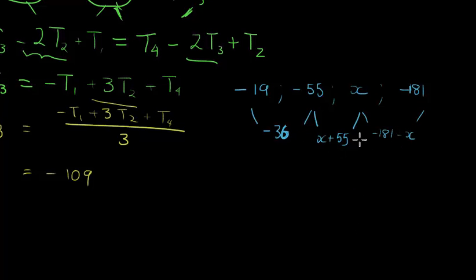Are these equal? No, I must go down one more. So if I go down one more, I get x plus 55 plus 36, and on this side I get negative x, negative 181, negative x, negative 55. Are these equal? That's my second difference. And now I've got an equation that I have to solve x in.